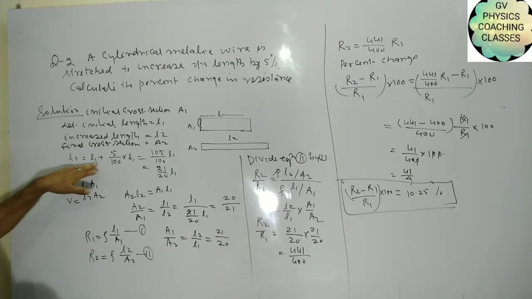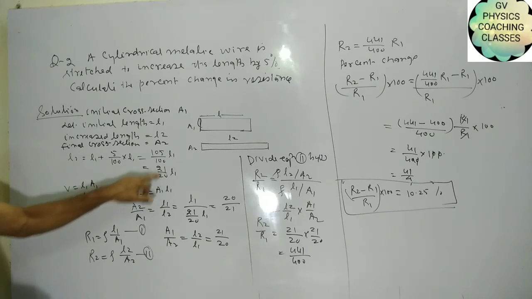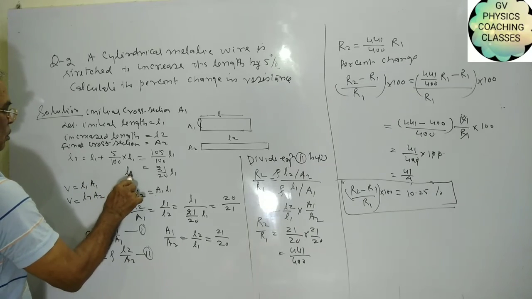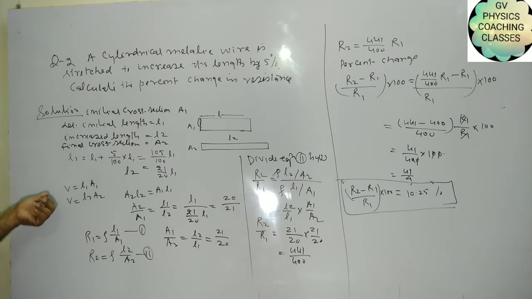L2 is 5% more than L1. According to the dimension, the volume remains the same. Multiplication of cross section and length gives the volume.